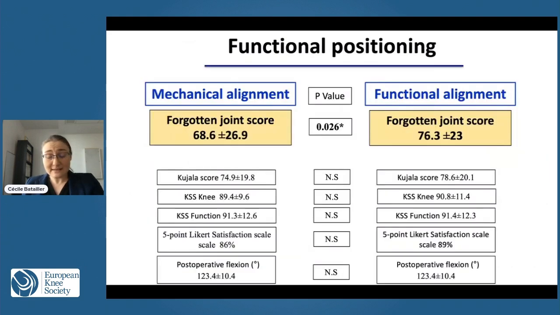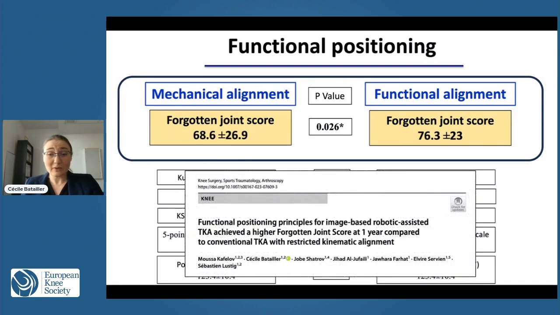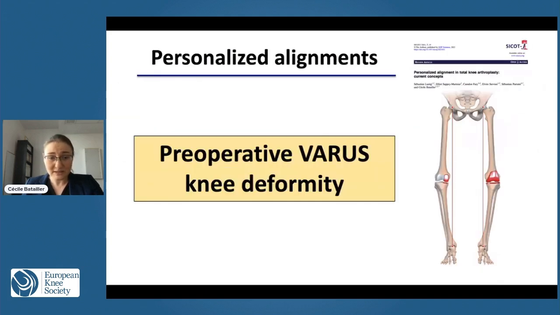And when we assessed the functional outcomes with this kind of personalized alignment, we found a better Forgotten Joint Score with the functional alignment compared to a mechanical alignment. And we have more and more studies in the literature describing improvement of outcomes with a personalized alignment. But it's for preoperative varus knee deformity most of the time.